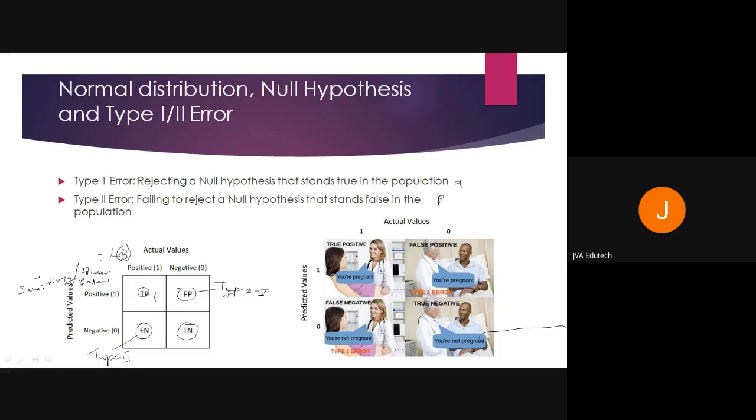Try to correct that also, but if you are falling in false negative zone, that is doing type 2 error, then you should be seriously concerned about checking your data set, checking your concepts, where we have the concept validity and other things. You have to check this, because these may even happen due to sampling and non-sampling errors also, where it might be the case that you have chosen a wrong sample.